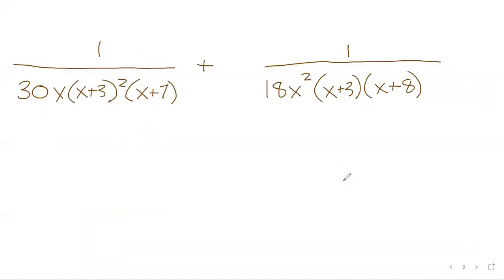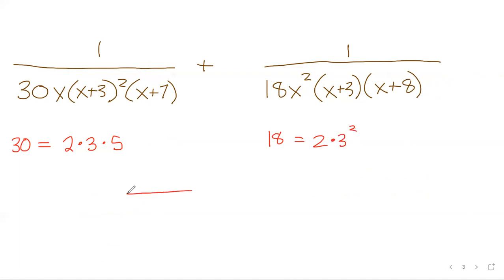So let's do one more that's just kind of got all the pieces to it. So I'll start just by doing the factored versions of these numbers. So this would be 2 times 3 times 5. And this would be 2 times 3 squared.